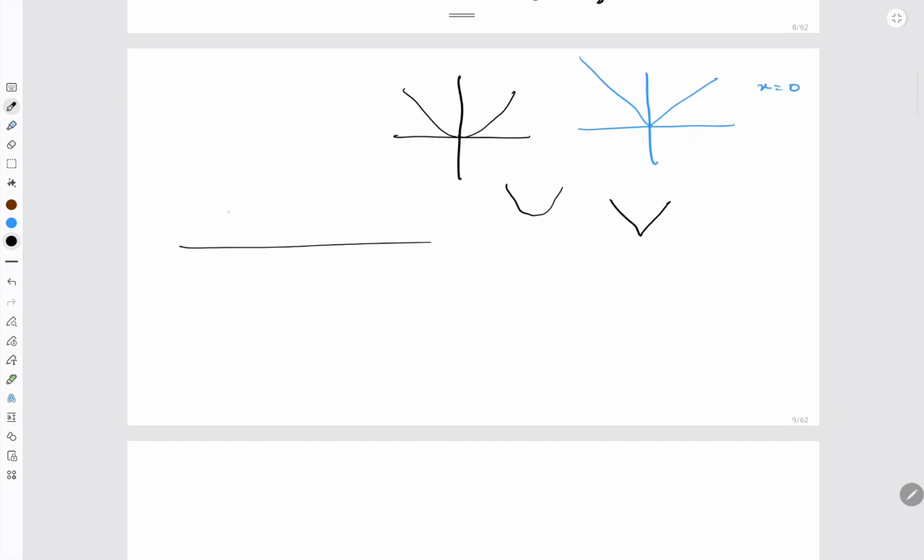We know that my function will pass through the points (-1, 1), (0, 1), (1, 1), (2, 1). I know that my function will pass through these points definitely, because that is given. Let's say I am not seeing all the graph on the left side and right side; I am just seeing the graph here.